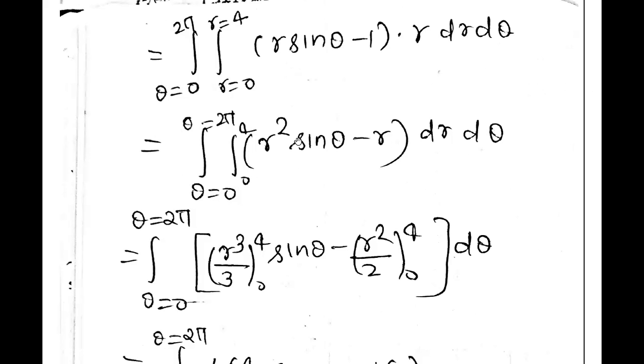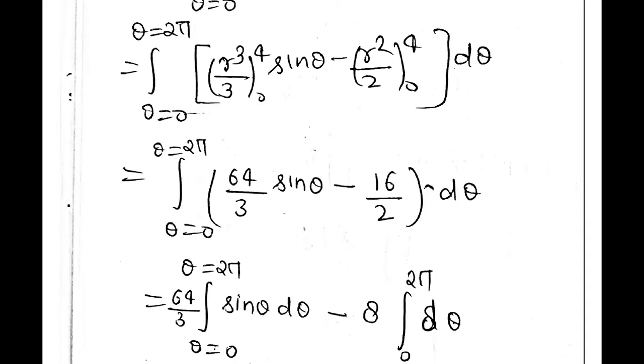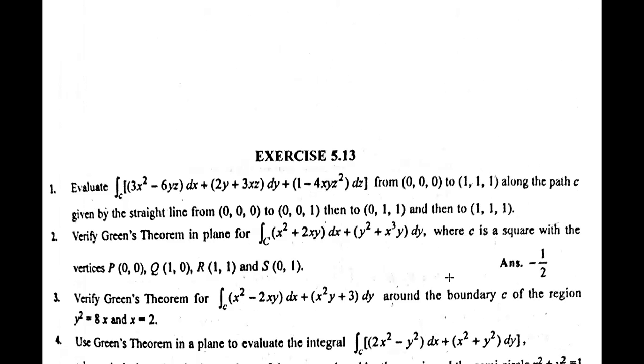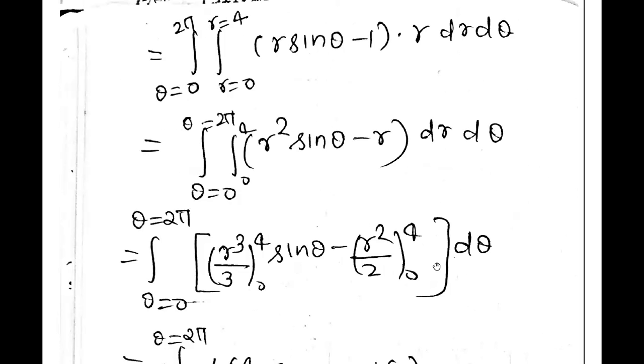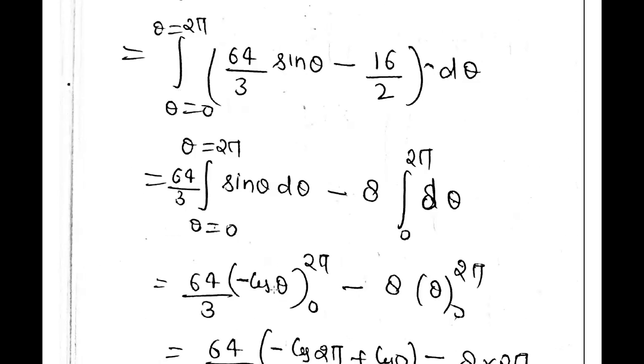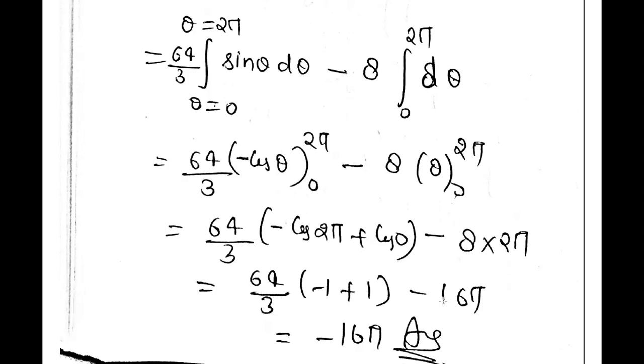Now integrate with respect to r, so r cube upon 3, r square upon 2, limit is given 0 to 4, and d theta. Now calculate, so with respect to theta, you can see that sine theta integrates to minus cos theta, and d theta integrates to theta, so your answer is minus 16 pi.